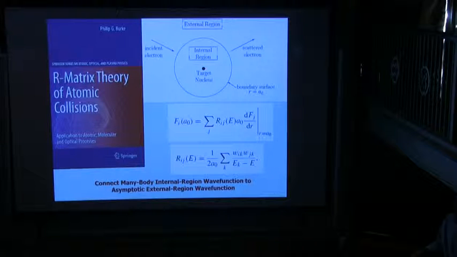There's a lot that goes into that, but at the end of the day, there's this analytical factor here known as the R matrix. It's a kind of generalized logarithmic derivative that allows one to project the inner region solution onto the outer region solutions, which are typically just Coulomb functions, or for a neutral target, just Bessel functions.